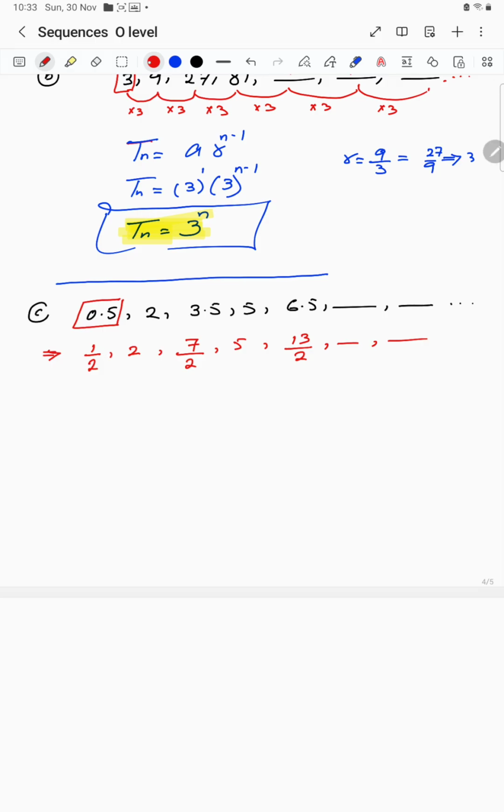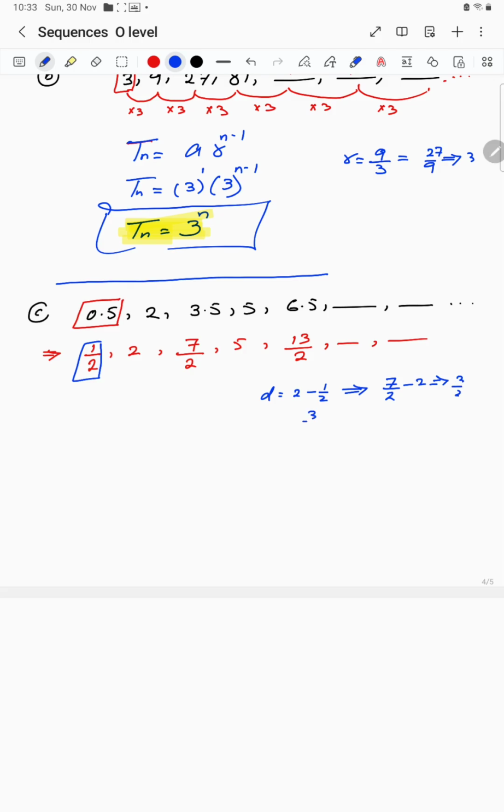From here you can see the common difference, say d, is the same: second term minus first term, or the third term minus second term, it will be 3 by 2.